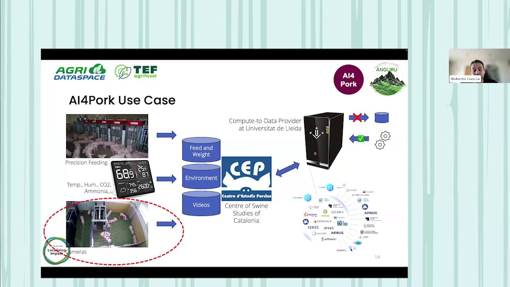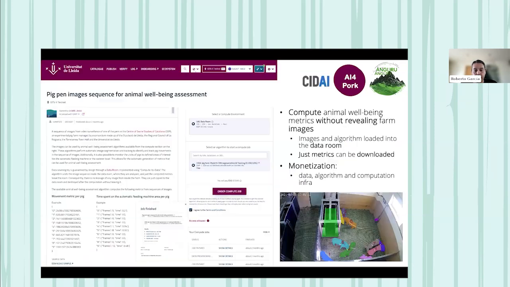And we have started, for instance, with the information connected with the images of a pen inside the pig farm, all the pigs that are in that pen. The idea here is that an algorithm was developed by a different institution, not ourselves directly, but we made it available through the data space.